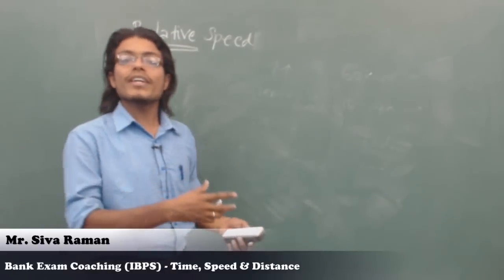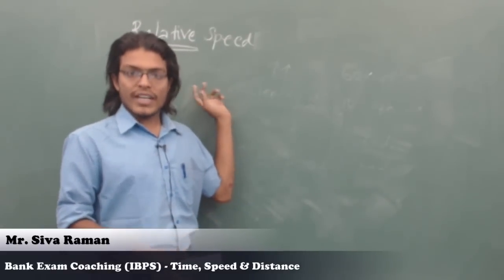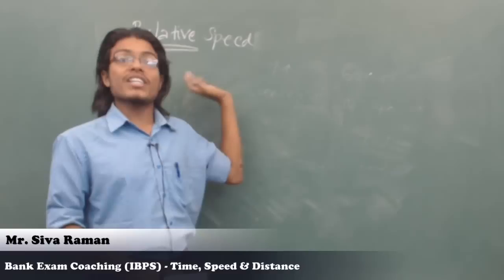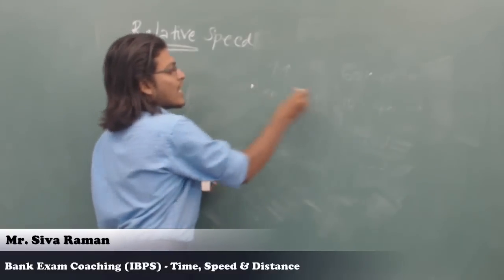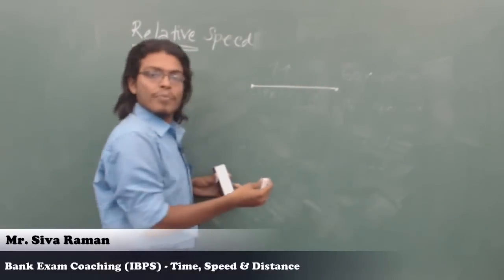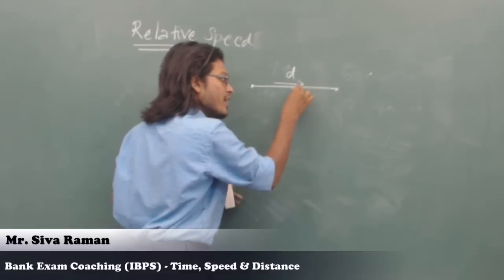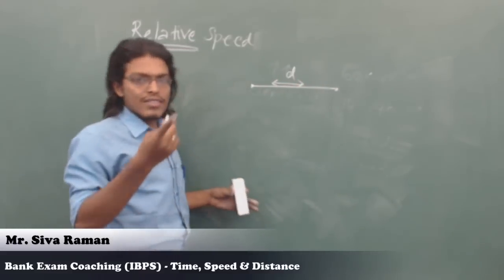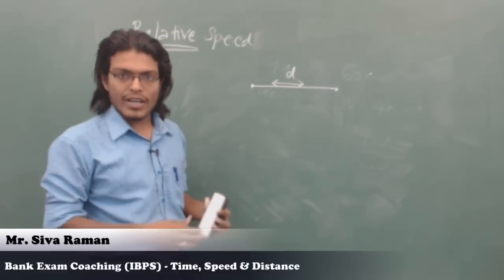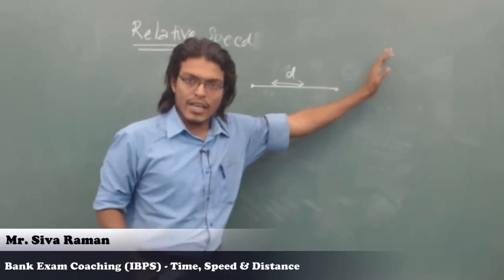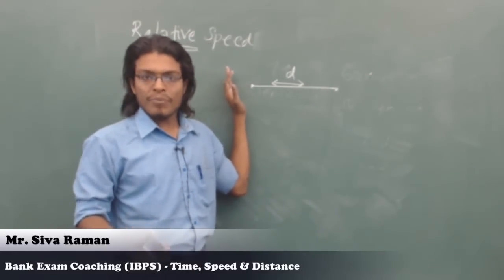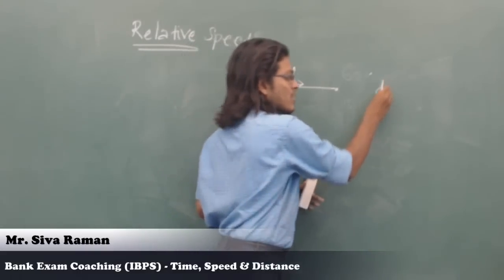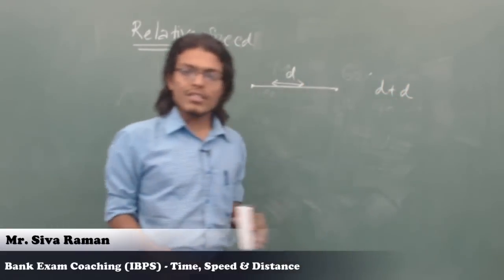See, that is what we have discussed specifically in this special case of average problem, where between 2 points, the onward journey distance and the return journey distance are one and the same, right? Onward it is d and return it is d, so the total distance is d plus d.